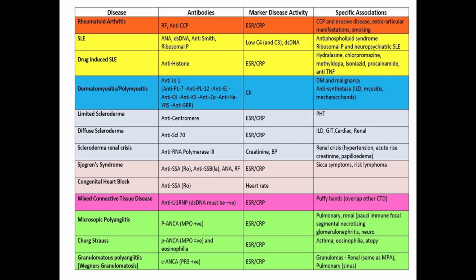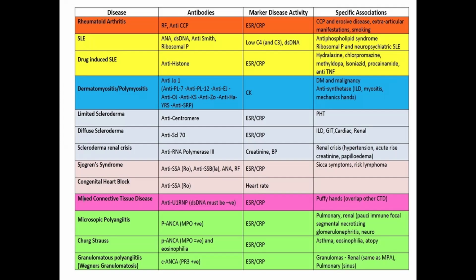Microscopic polyangiitis, remember, we talked about it with Wegener and all that, is positive to P-ANCA. Churg-Strauss, positive to P-ANCA. Granulomatosis with polyangiitis, also known as Wegener, C-ANCA positive.